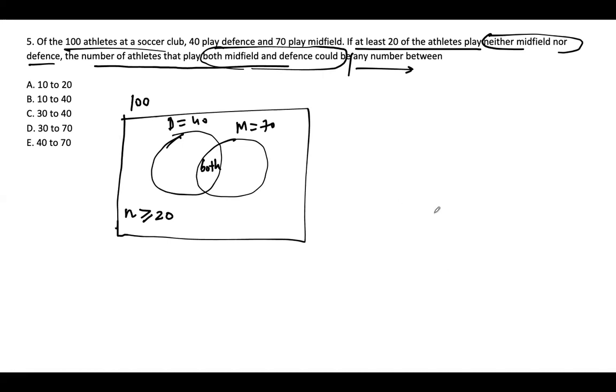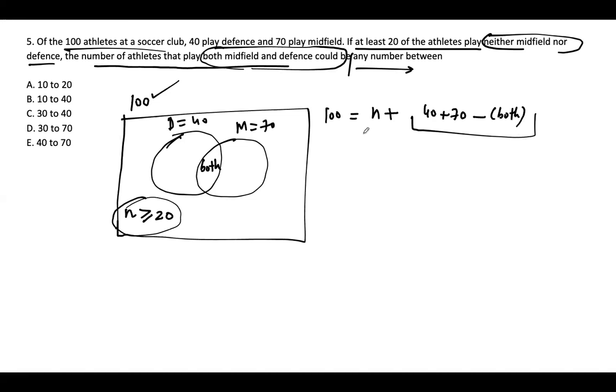Total is equal to none plus at least one, which is defense plus midfield minus both.